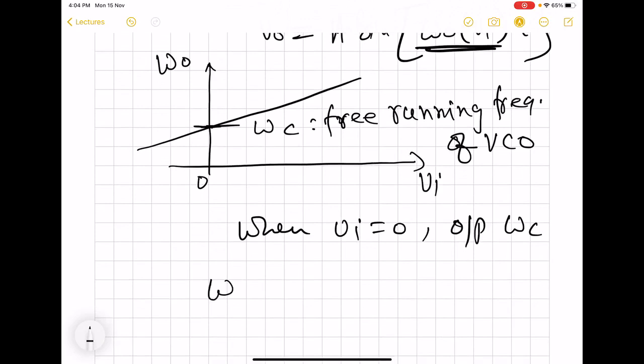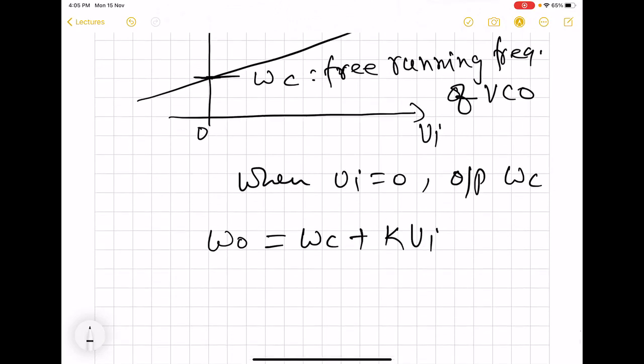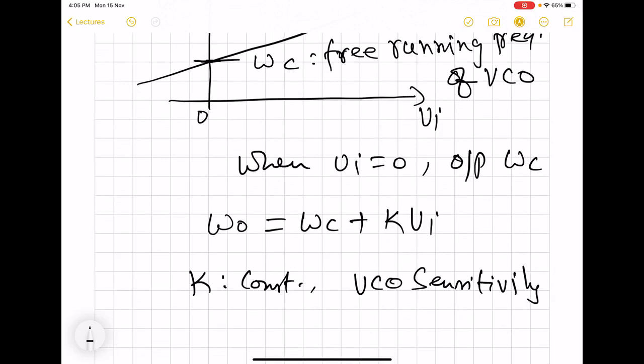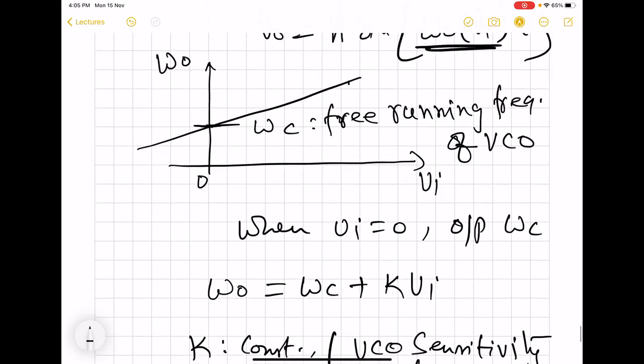And we can write the relation between the output frequency and the input like this. Here K is a constant, and it is called the VCO sensitivity factor. So this K is basically the slope of this line.